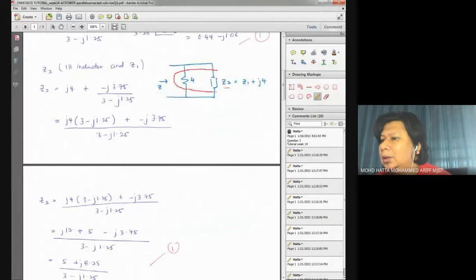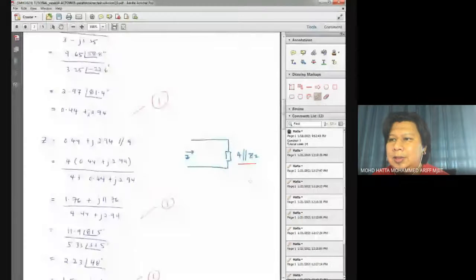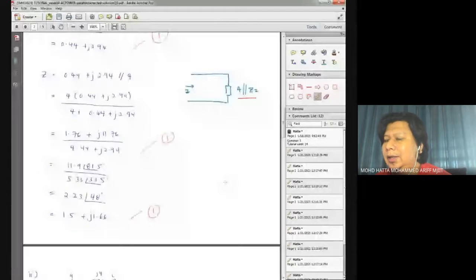In other words, Z total is given by 4 in parallel with Z2. I'm not going to discuss the calculation in detail; you can do it later on.